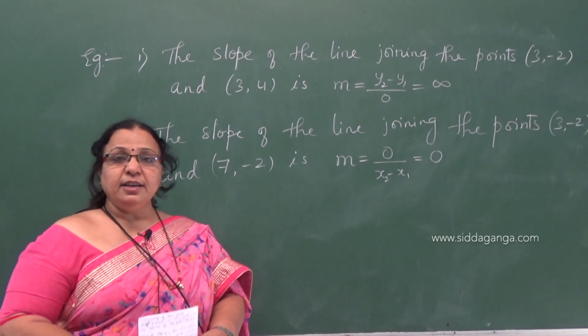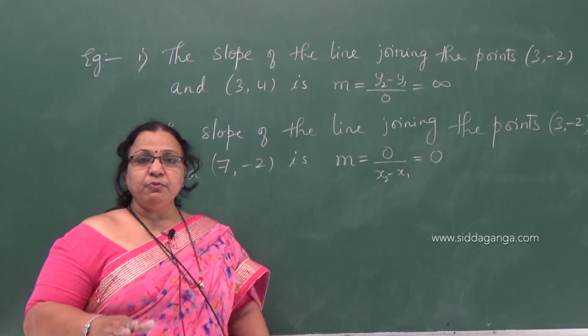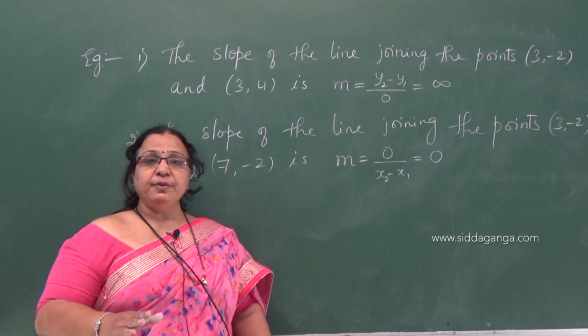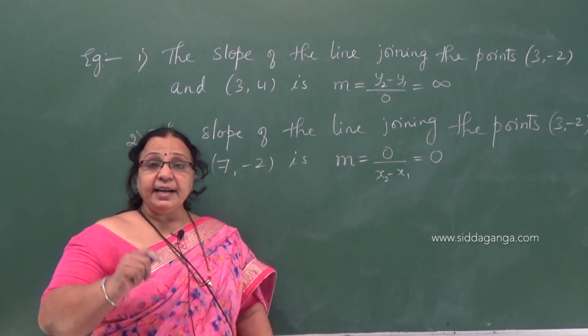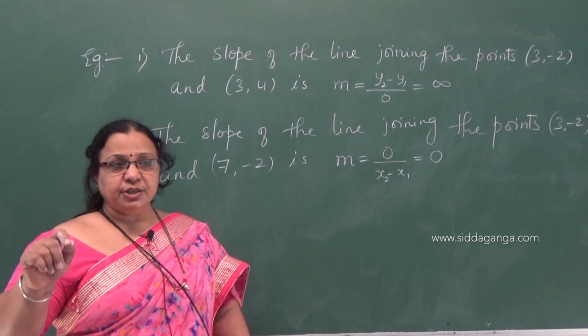So now we are going to find the angle between the two lines at their point of intersection.